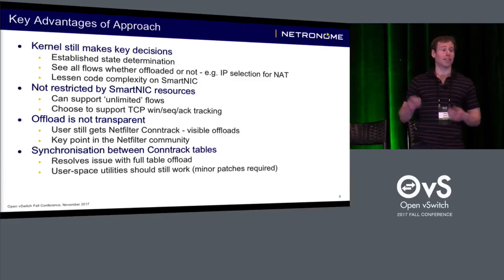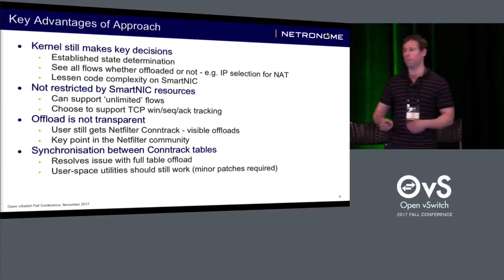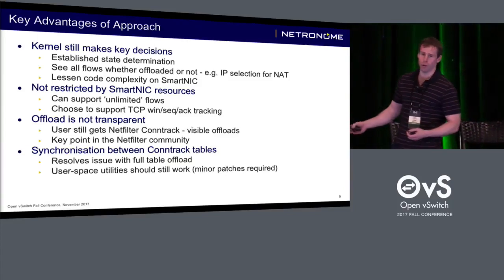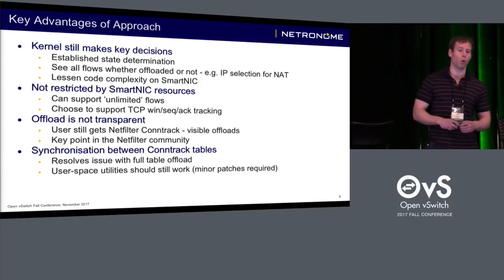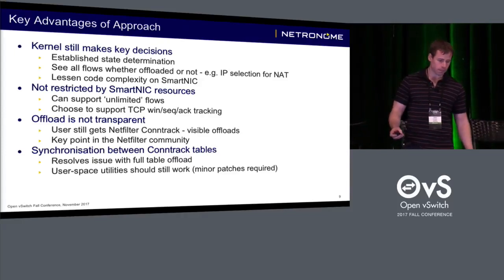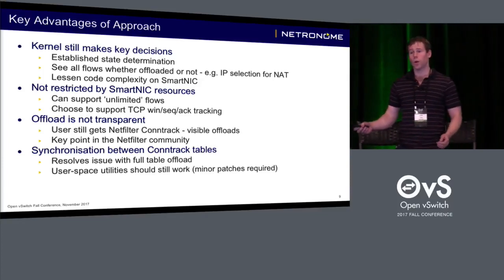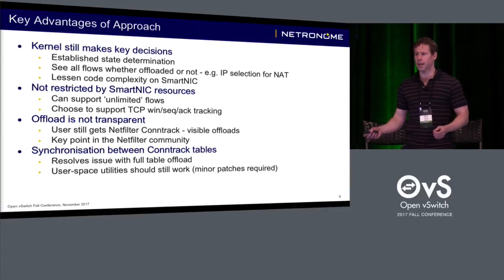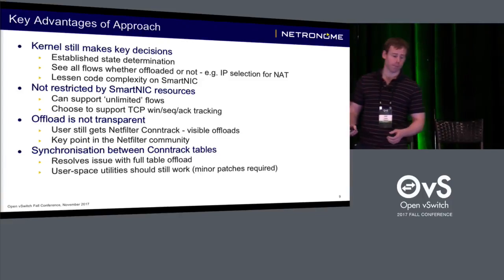And secondly, we're actually saying that this flow has been offloaded, and not only that, the user, be it someone writing TC rules or OVS itself, can specifically decide at what point a flow should be offloaded. So there's a lot more visibility here. And finally, compared to our previous architecture that we showed, we have a nice synchronization here between the entries that exist in the kernel conntrack table and those that exist on the SmartNIC.